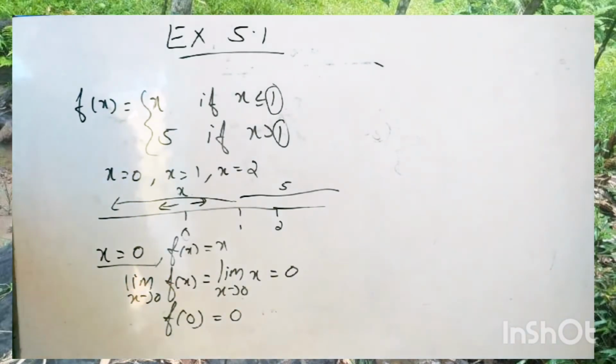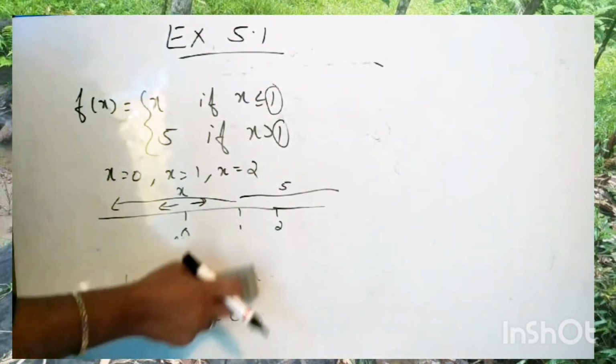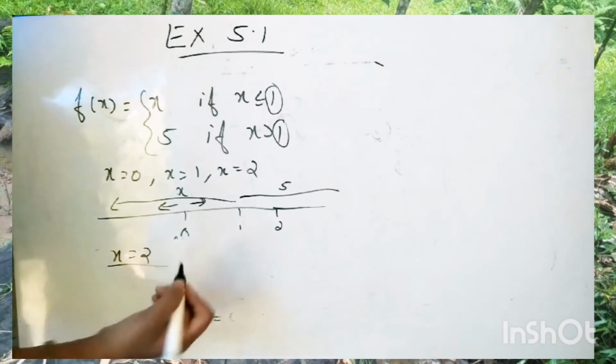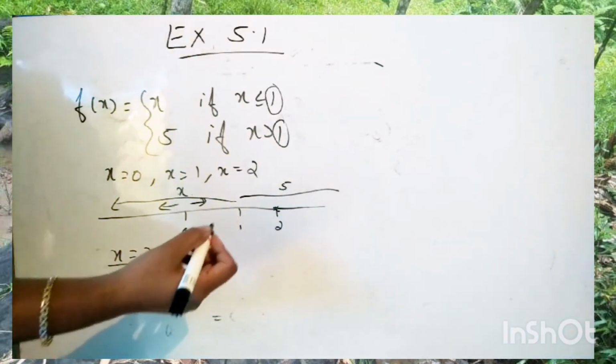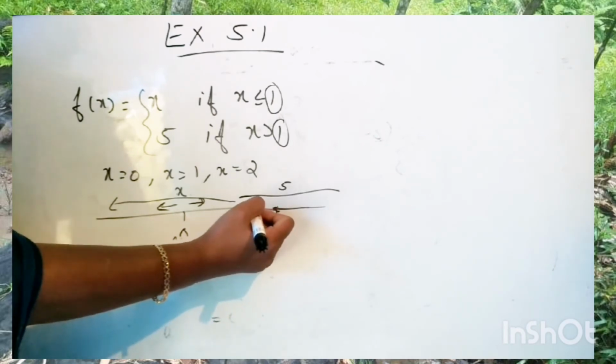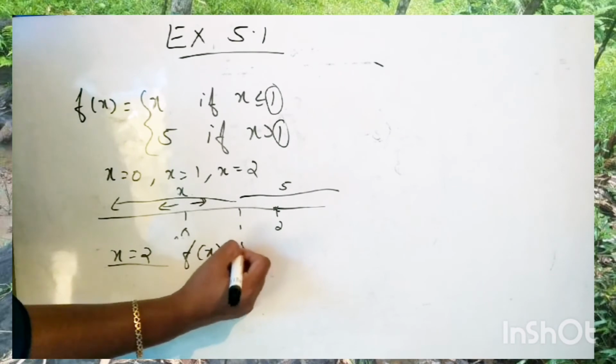Now x is equal to 2 we will do. Now consider this 2. Just take a closed neighborhood. Then to the left of this 2 and to the right of this 2, the function value f of x is 5.